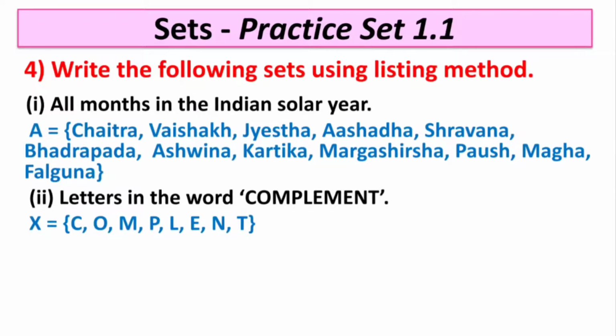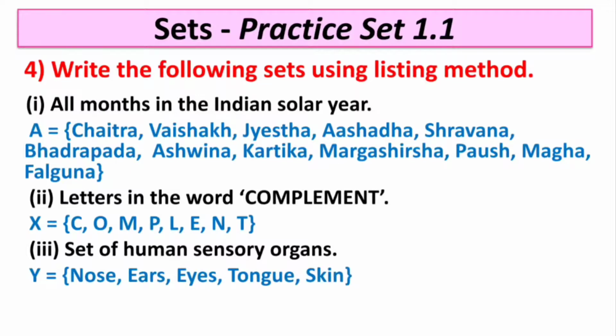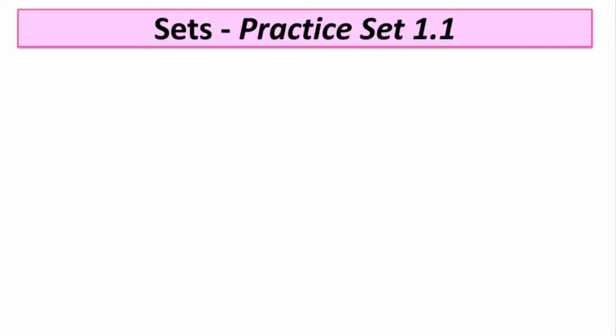In this word E is repeated, M is repeated, but we have to take each only once. The third problem is the set of human sensory organs. All of you know the human sensory organs. There are 5 organs. So write down Y equals {nose, ears, eyes, tongue, skin}.